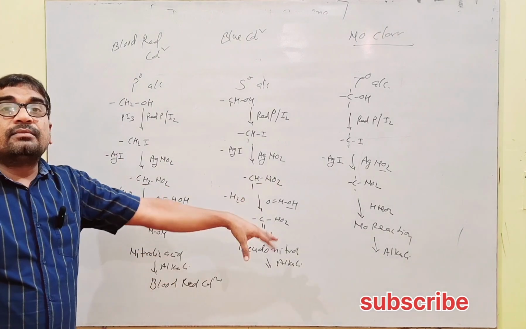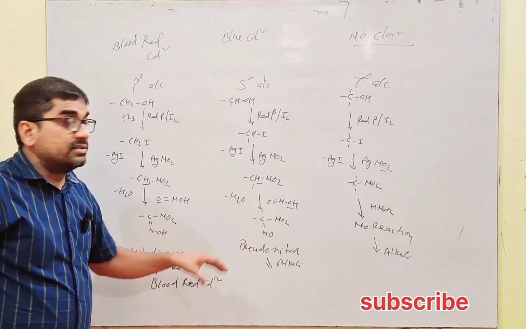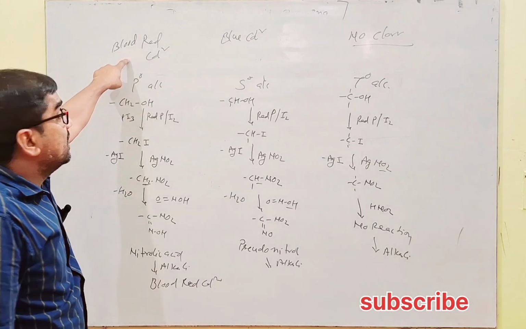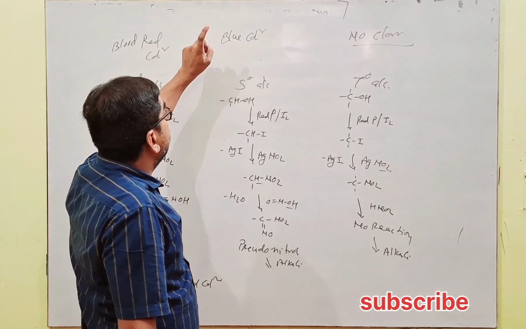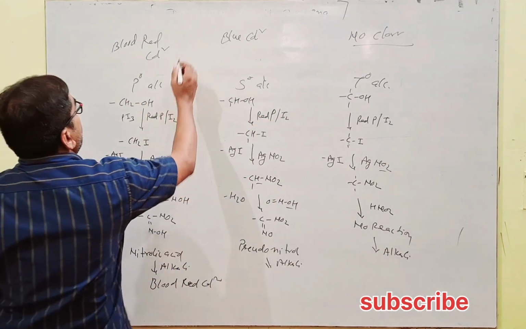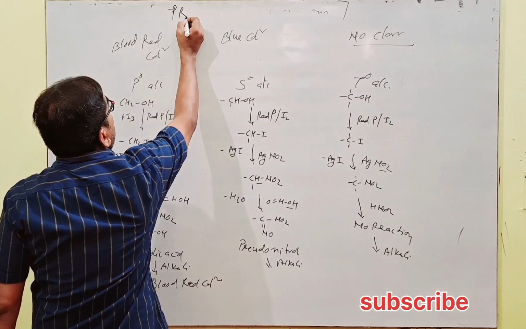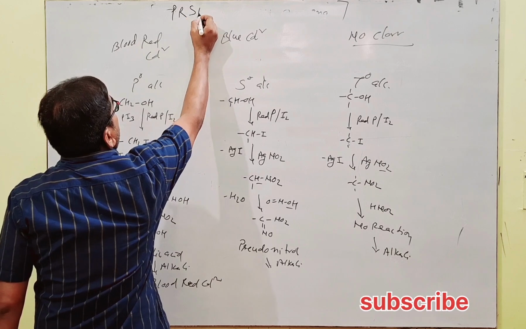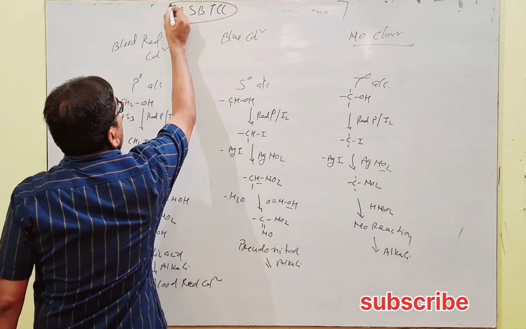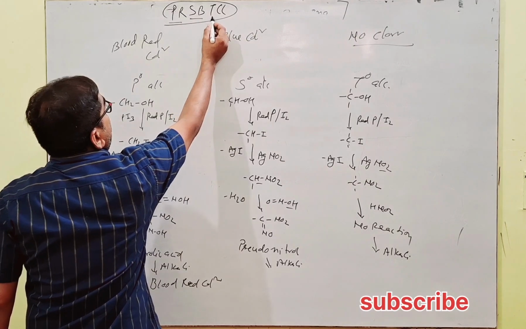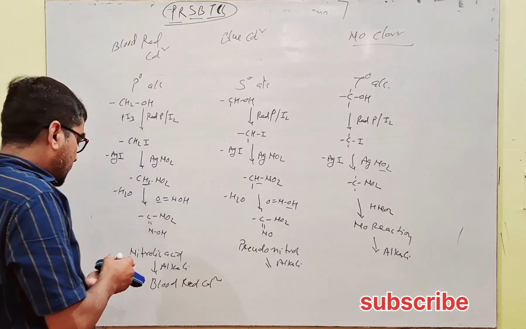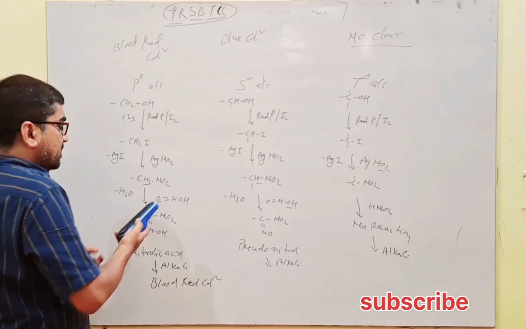Mixing the alkali medium like NaOH, KOH, primary alcohol results in blood red color, secondary blue color, and tertiary no color. So primary red, secondary blue, tertiary colorless. So this is all about the Victor Meyer test.